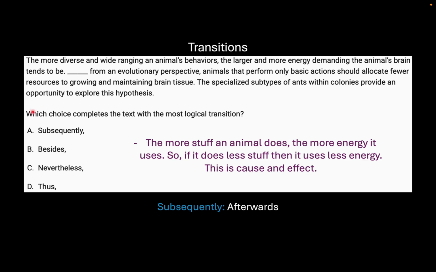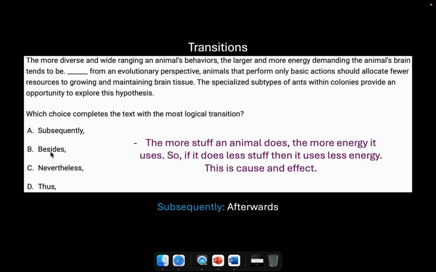Alright, let's look at the multiple choices. A, subsequently. Subsequently means afterwards. So subsequently is not a cause and effect transition. It just means afterwards. It's used for time. Then we got choice B. Choice B says besides. Besides means apart from. So this is incorrect because it's not a cause and effect transition. We want a transition that says the more stuff an animal does, the more energy it uses.